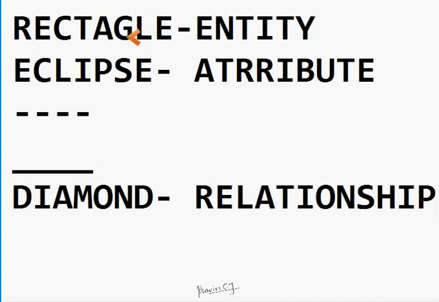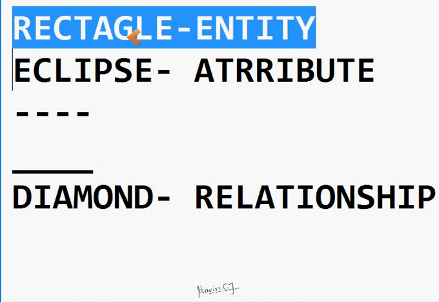A diamond inside a diamond represents a weak relationship, and a rectangle inside a rectangle represents a weak entity.